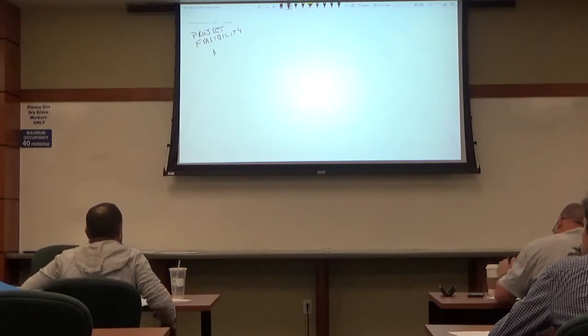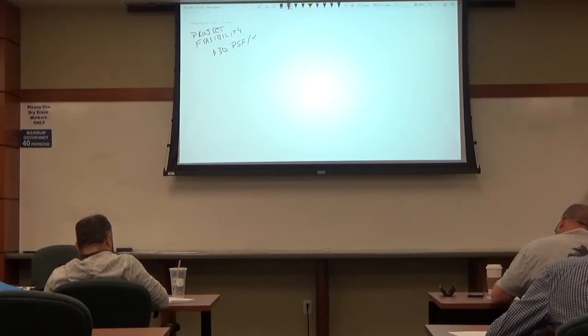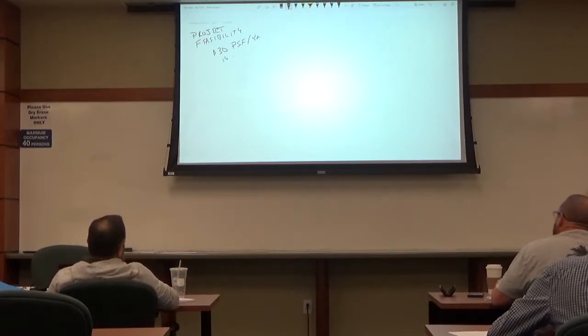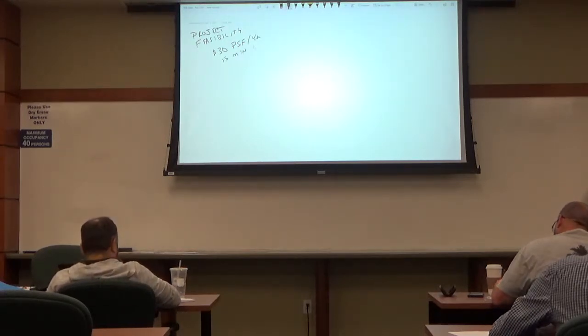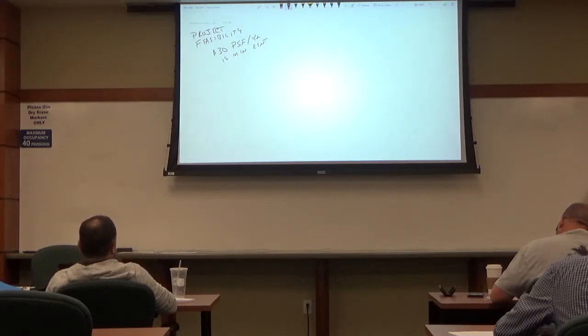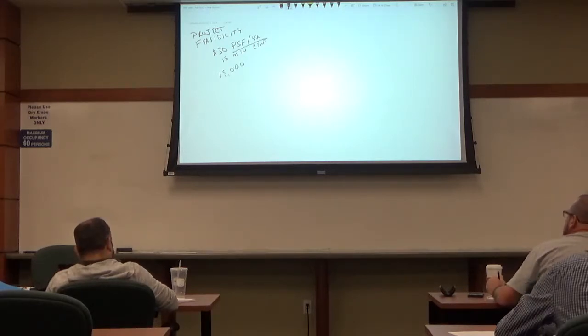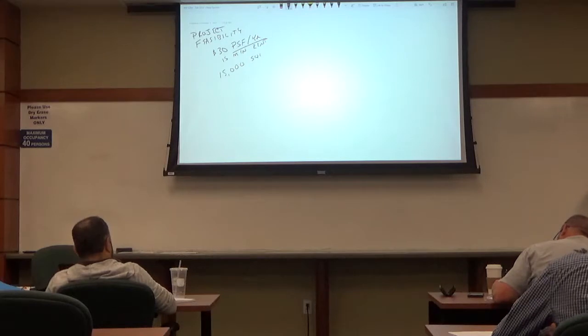Okay, $30 a square foot is minimum rent required, all right? And assume that, how big is the project? How many square feet? 15,000? Per square foot per year. 15,000 square feet is the building, all right?